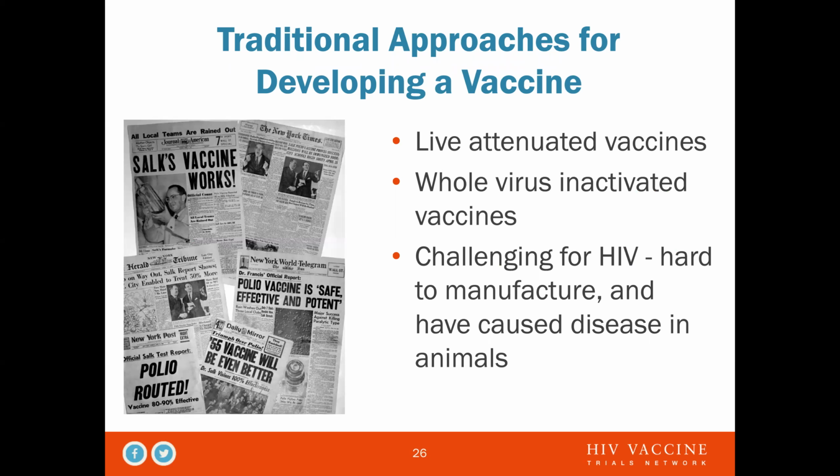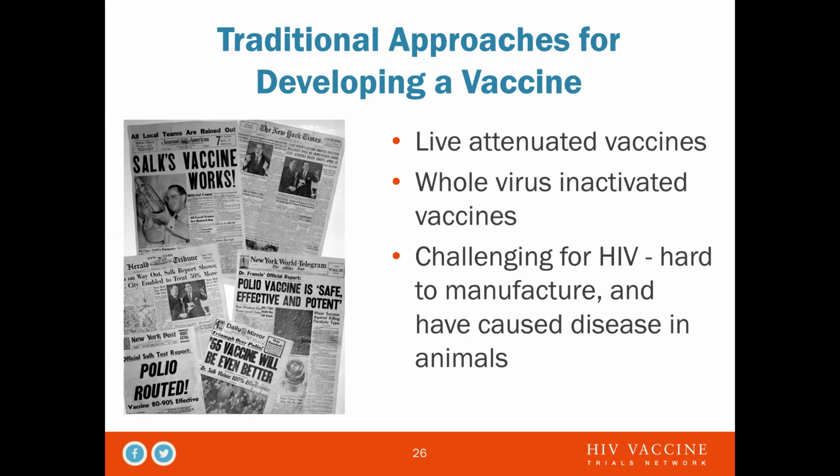Whole inactivated. This means the whole virus is used and it is killed or disabled in some way, usually with heat or chemicals. The Salk polio vaccine works this way. With these two traditional methods, manufacture is tricky because you have to be 100% certain that you've killed or weakened the virus just right.